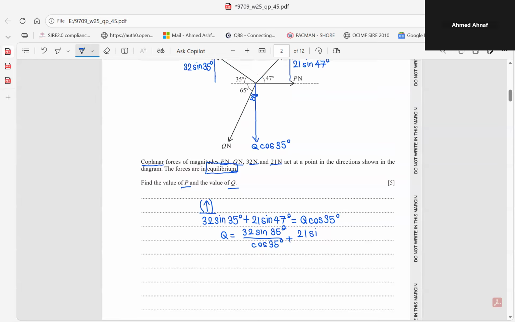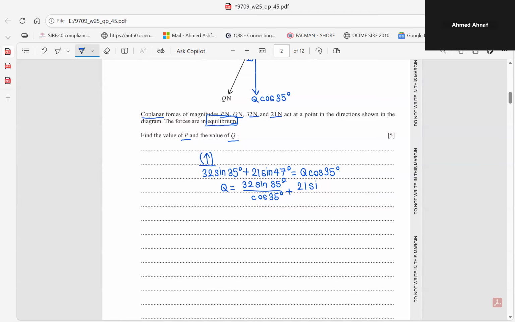Wait a minute, sorry. This angle is supposed to be 25 degrees. So this is going to be divided by cosine 25 degrees, not 35. Sorry about that. Cosine 25 degrees.